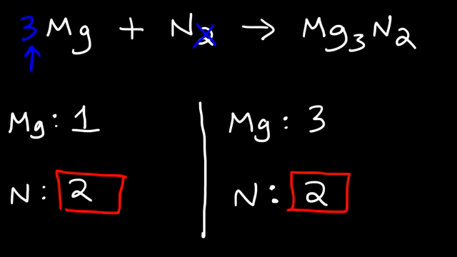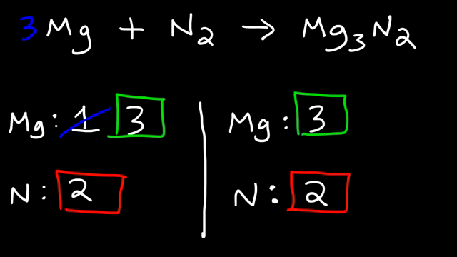Make sure you understand that. So you cannot change this number. Now, once we put a 3 in front of Mg, this number changes. So now we have 3 magnesium atoms on both sides of the equation. So at this point, the equation is balanced.